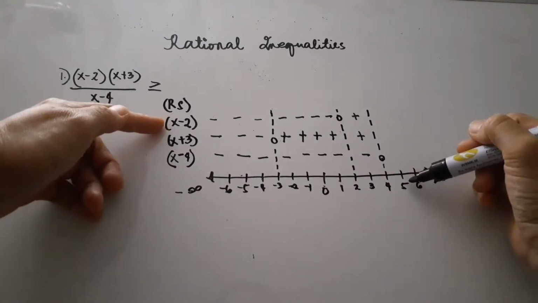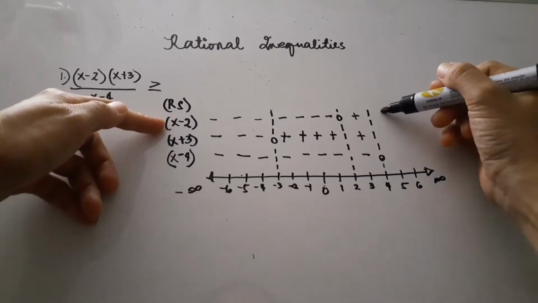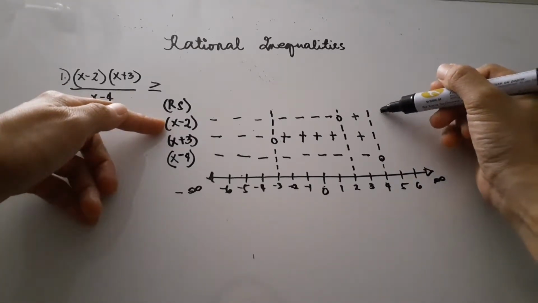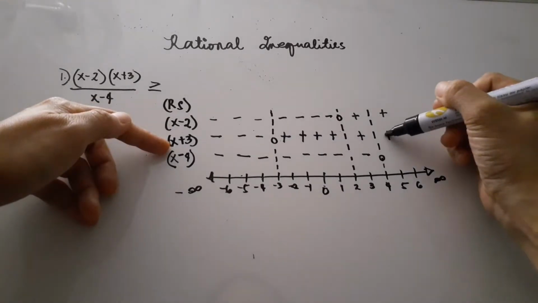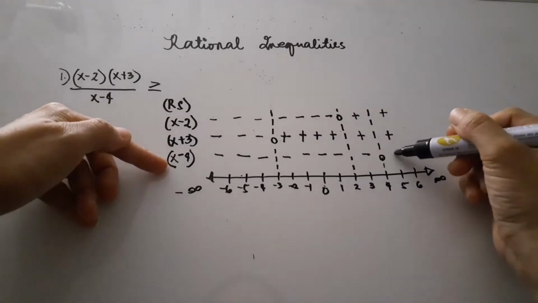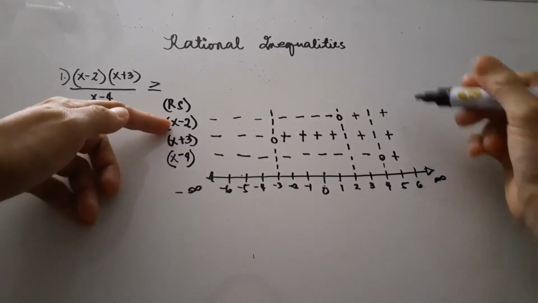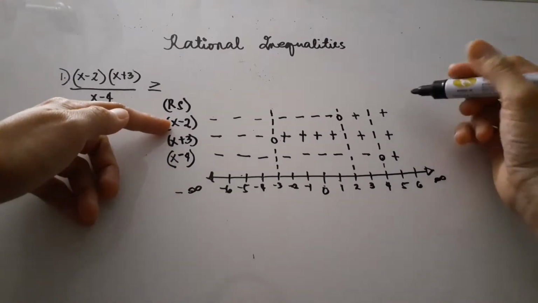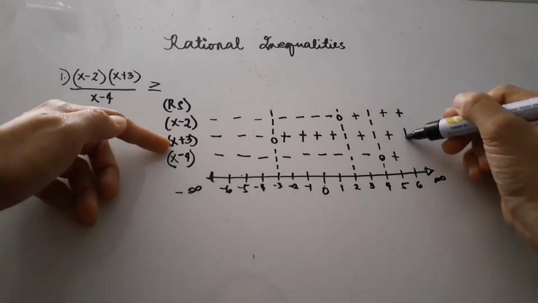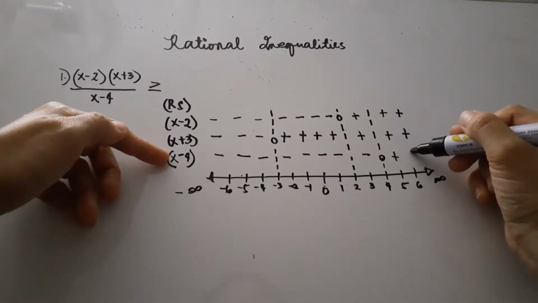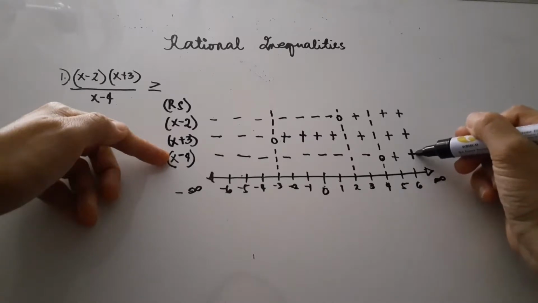In the next interval, 5 plus 3 is positive, 5 minus 4 is positive. And this one also, 6 minus 2 is positive, 6 plus 3 is positive, 6 minus 4 is positive.